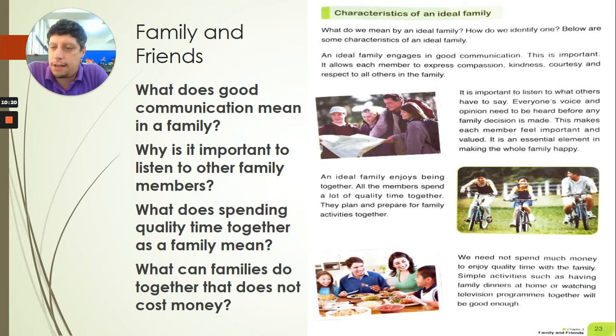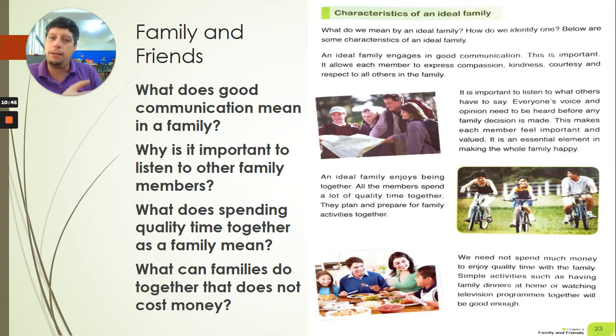So these characteristics, you might remember, are different things that stand out. And not every family that has these characteristics is automatically an ideal family. Ideal means perfect, a perfect family. We could still have perfect families without doing all these things.